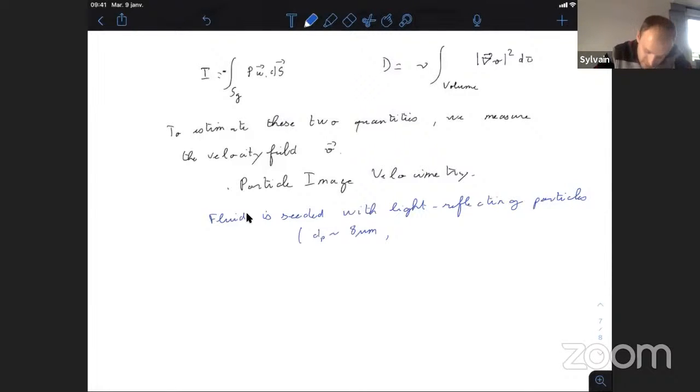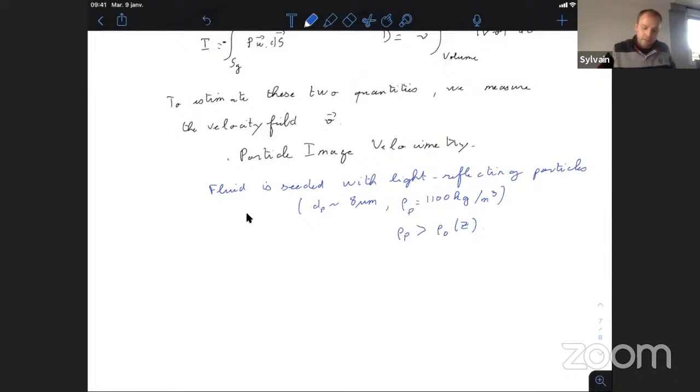So we use particles that are slightly denser than the fluid. This is a typical particle we use, meaning that the density of the particle is larger than the density of the fluid at all depths.